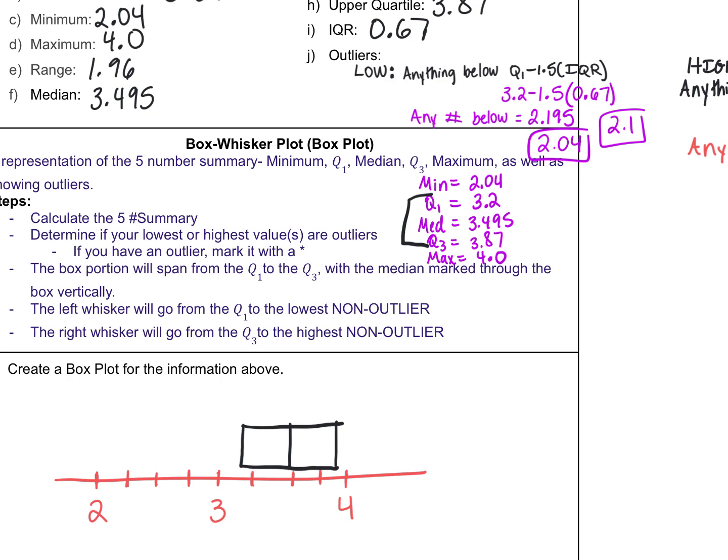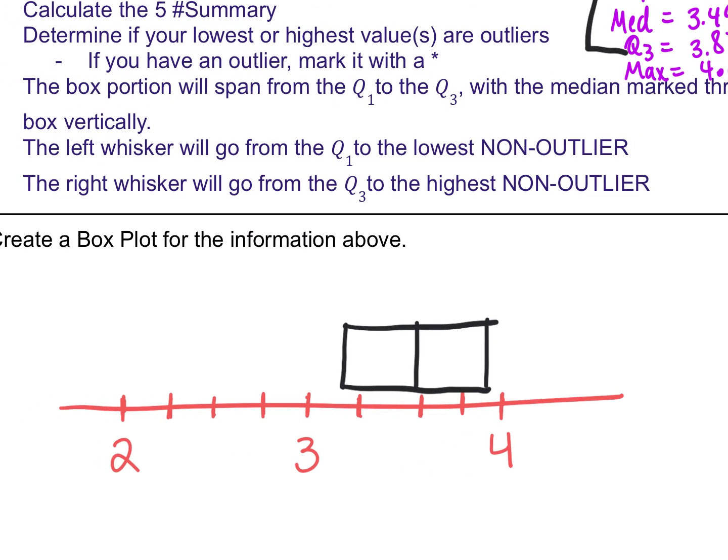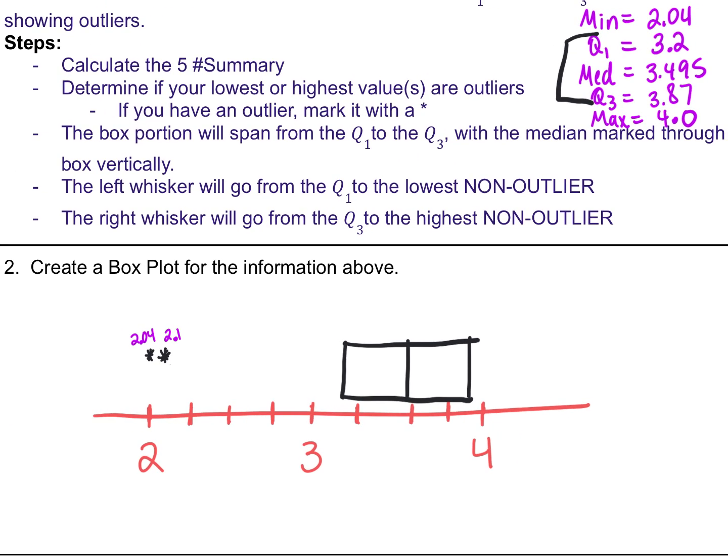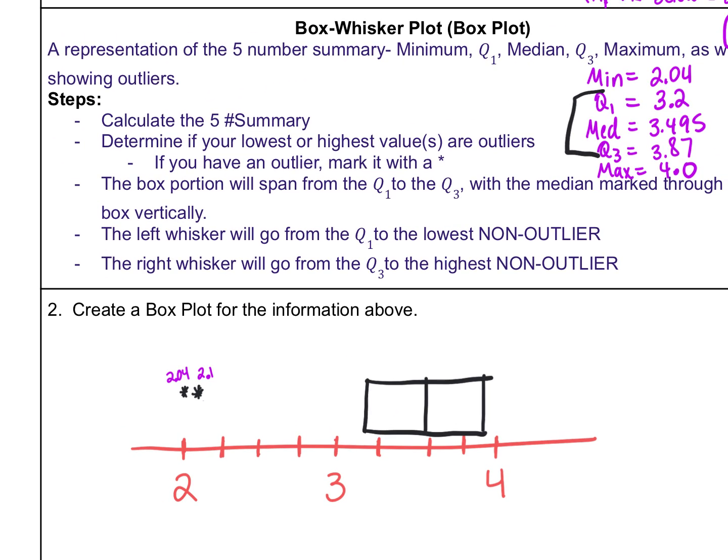So, 2.04 and 2.1. I'm just labeling the numbers so I can see where they are. Those are just my little outliers there. I might put the numbers above. Might go ahead and label my box too so I can see where those are.